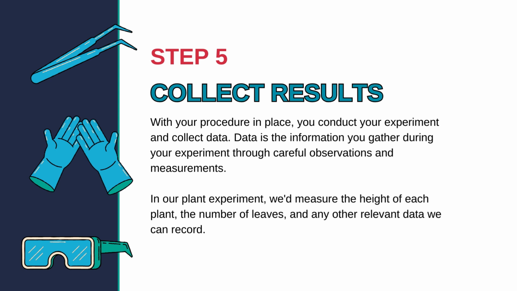Honest and critical data recording is vital to experiments so that there is no bias or error in analyzing and interpreting the results. In our plant experiment, we'd measure the height of each plant, the number of leaves, and any other relevant data we can record.